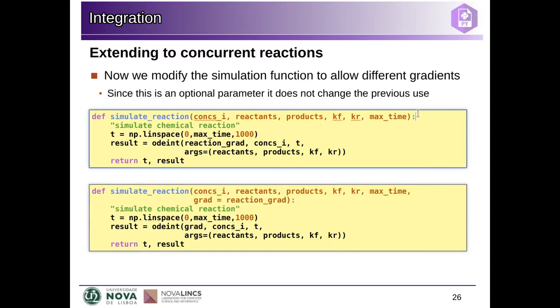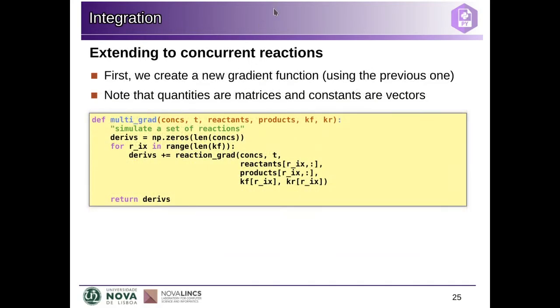This way, if it's called with only these arguments, it will still work the same as before. It's a slightly different version, but we have the reaction grad here in this variable, and then we call this variable, so it works the same. However, there is now an additional argument that we can provide if we want to give this function a different gradient function, for example, to allow it to use multiple reactions.